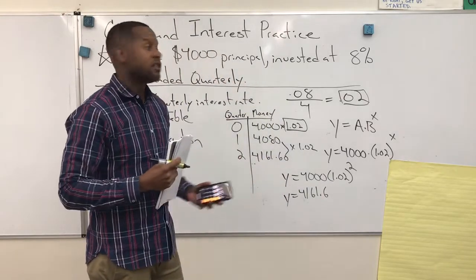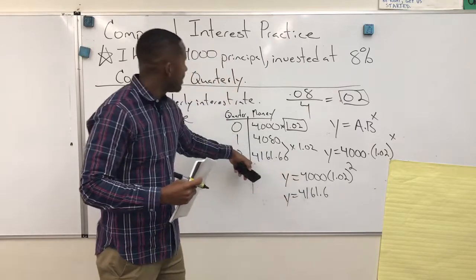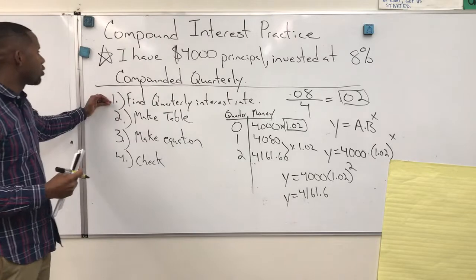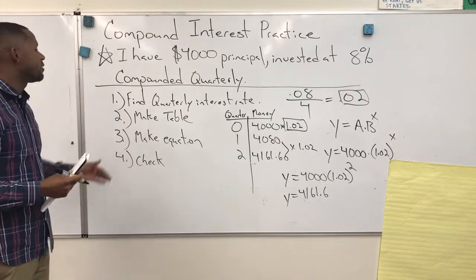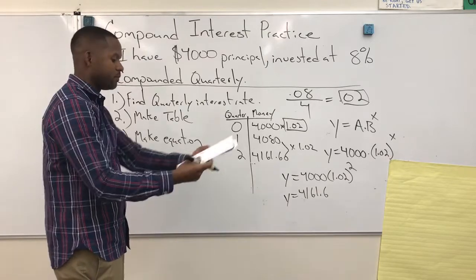That's what I wanted. So I'm pretty confident that when I plug this in, it will give me the outputs of this equation, okay? So I found the quarterly interest rate, made the table, made the equation, and checked to make sure that everything worked.